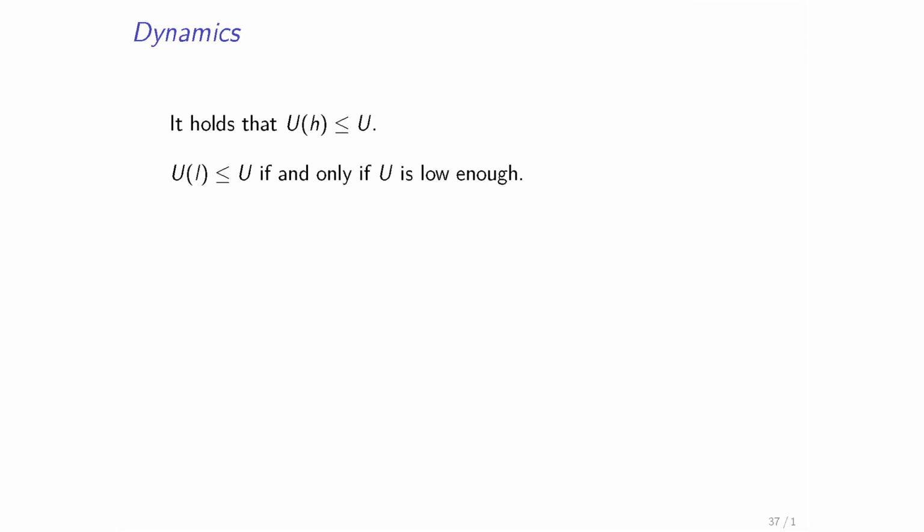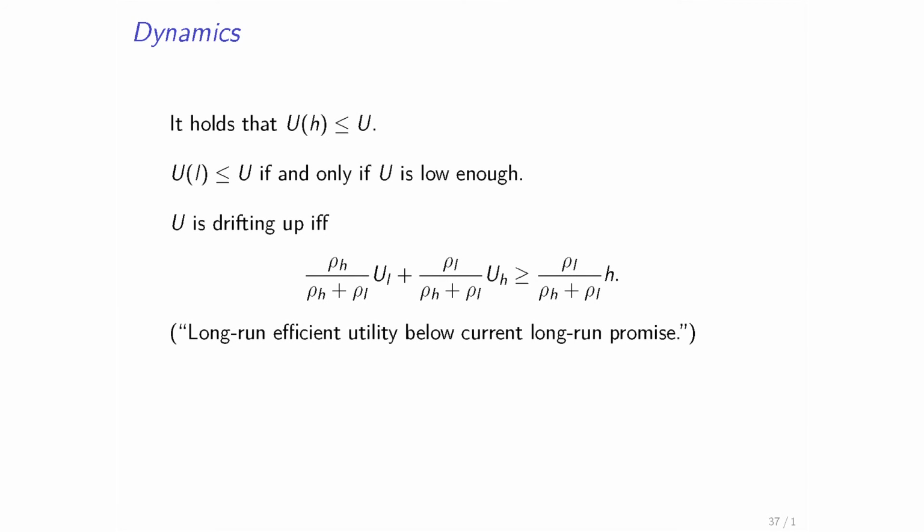What happens is that if you report high today, tomorrow your promised utility is going to be lower than today's promised utility. And if your promised utility is sufficiently low, your promised utility tomorrow after a low report is also lower than today's. And the drift is the same intuition as in the IID case.